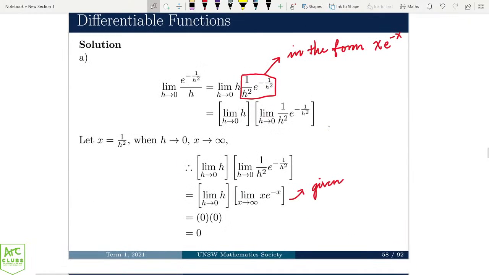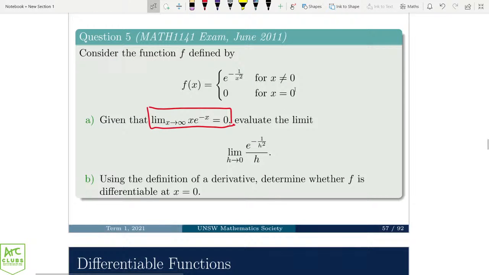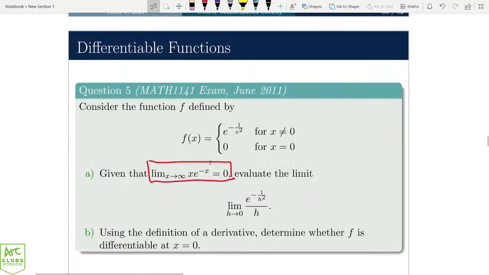If we look at our solution, that's exactly what's being done here. This is what we started with. And then basically we multiplied both the numerator and the denominator by h. So we end up with this expression here. You probably noticed that this expression, e to the power of negative x, is exactly what we've been given in the question.